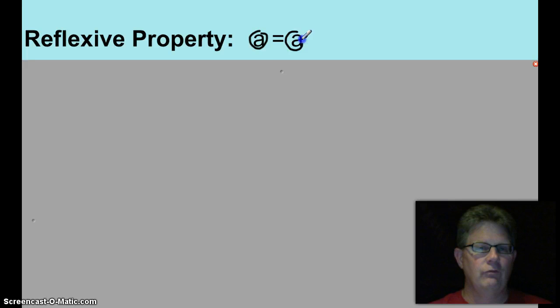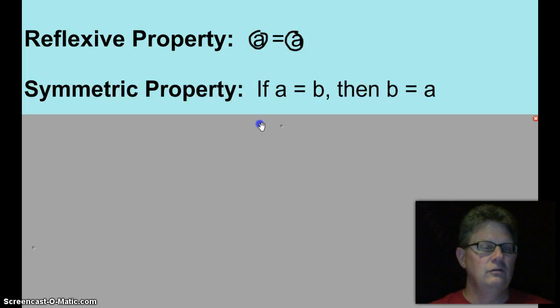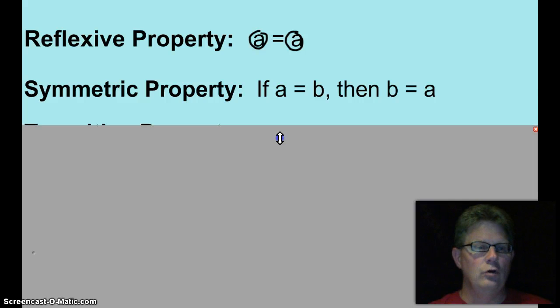equals itself. The next property is the symmetric property. If one number equals a number, then that number equals a number. Wow, was that very confusing. It's just saying that you can switch sides. And you know you've done this all the time.